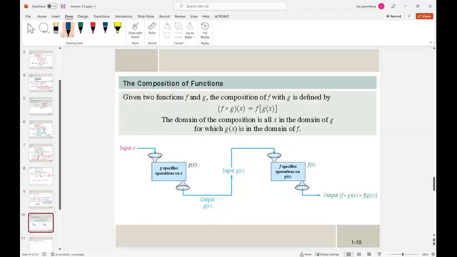Now we want to talk about the composition of functions, which basically means what we're going to do is we're going to take a function. Well, let's read the definition. Given two functions f and g, the composition is defined by, notice that has an open circle. It's not a dot. This means composition.